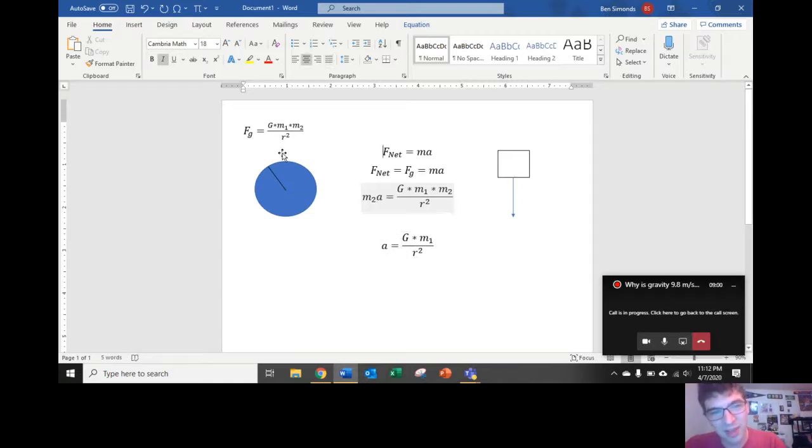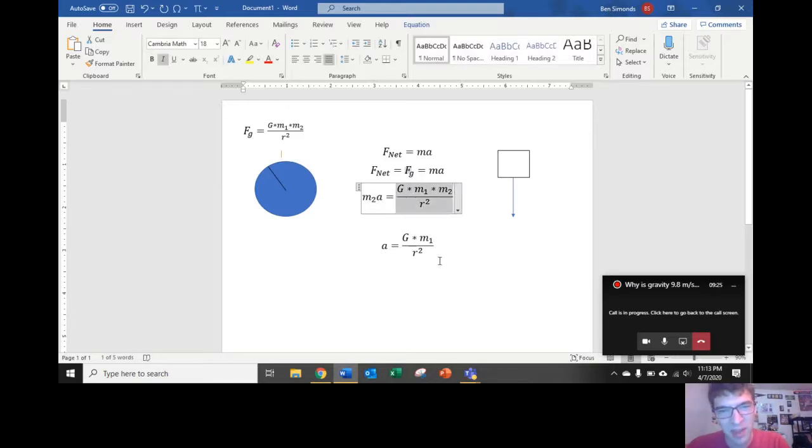So the mass of this object didn't matter at all because it canceled out. F net equals ma has m in it, and force gravity up here also depends on mass. So since the total overall force and the force from gravity both depend on the mass of this object, they end up canceling out.